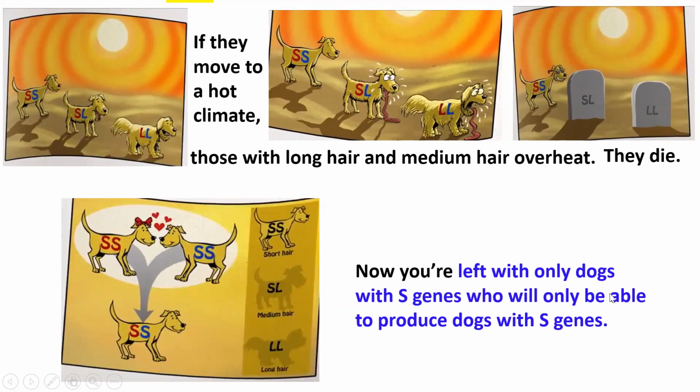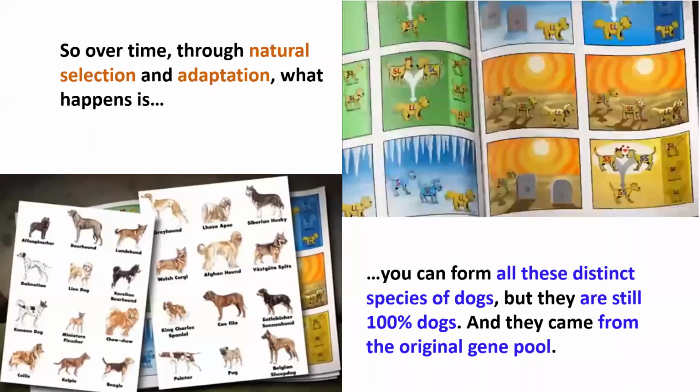So according to the climate and environment they migrate to, by natural selection and speciation, they will start producing their own characteristics and their own species of dogs over time.